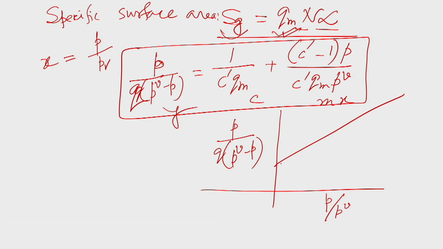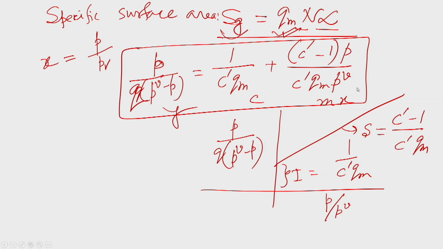Then the intercept is equal to 1 by C prime into Qm, and the slope is C prime minus 1 by C prime into Qm, with x being P by PV.